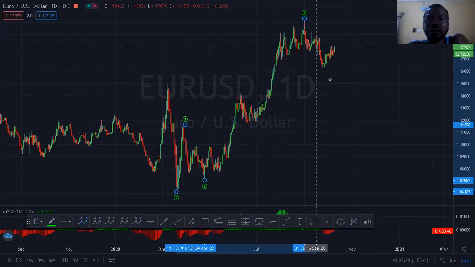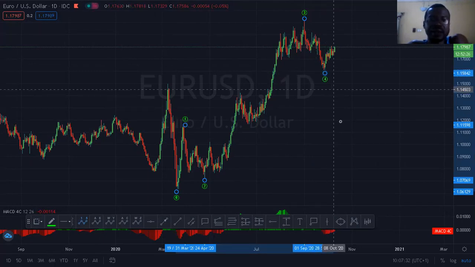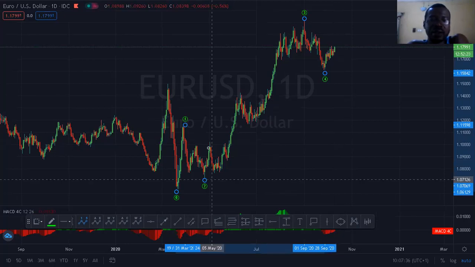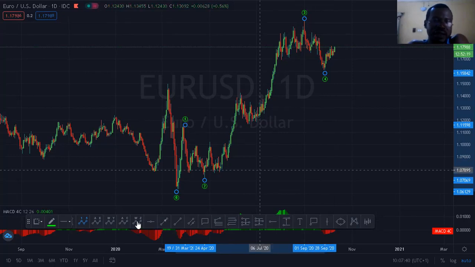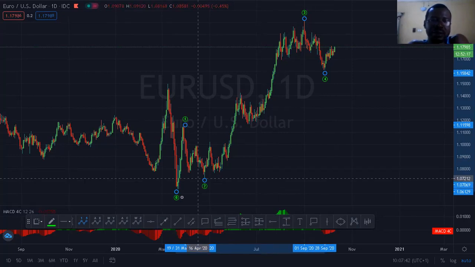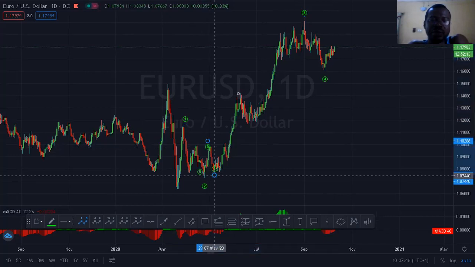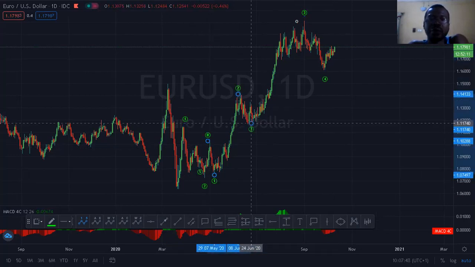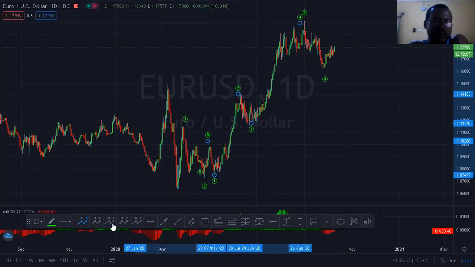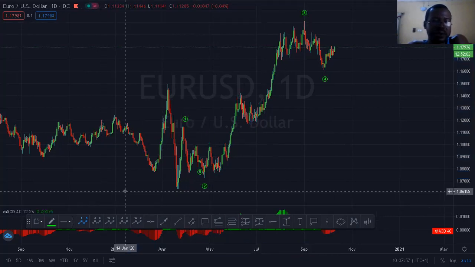We are looking at 4, maybe here or somewhere here. So in this 3, we have another 5 waves inside. We have 1, 2, 3, 4, 5. Inside the 5 wave structure, we have another 5 waves.